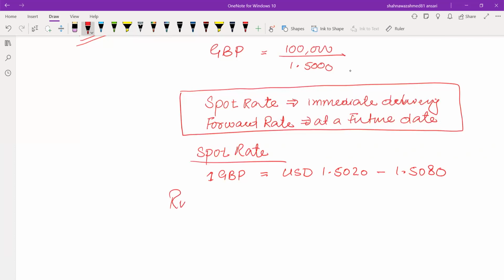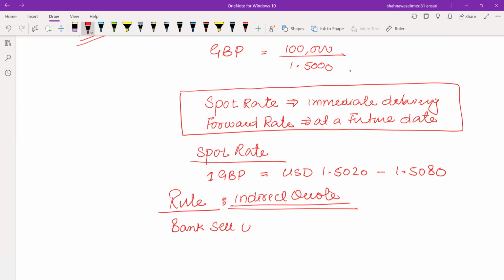So remember this rule for an indirect quote: the bank sells low and buys high.